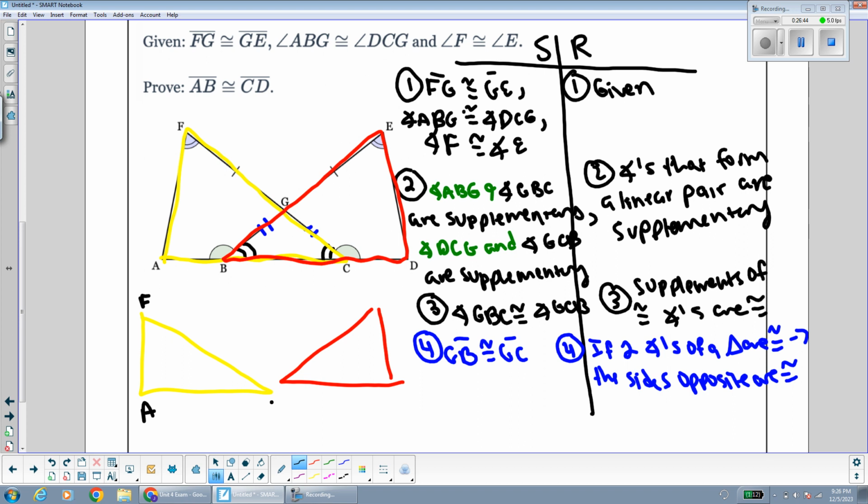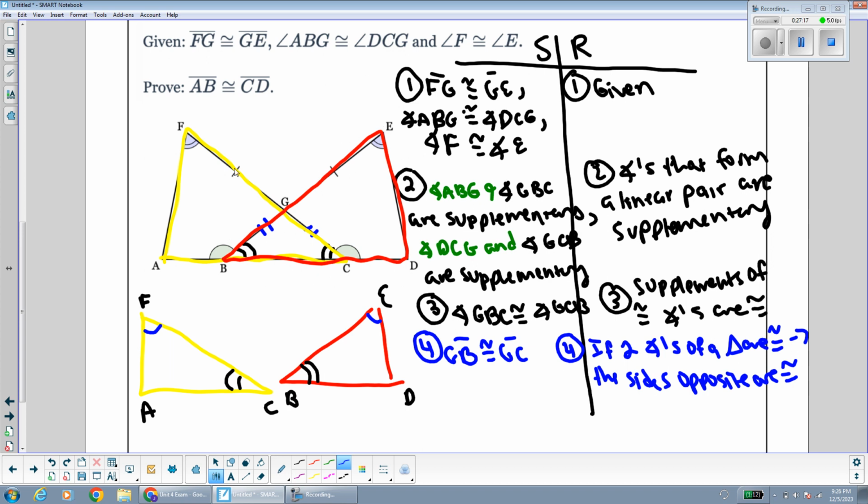So that's FAC and that's EDB. So right now we have the two black angles. I'll just mark them the same way as I marked them in the original diagram. And that's it. Oh, I lied. We also have these angles at the top that was given to us. And now we have the pieces of this whole side FC and the pieces of this whole side EB.